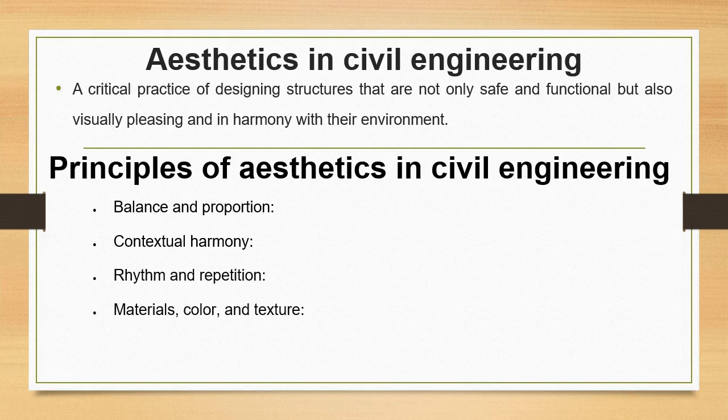And the fourth one is materials, color, and texture. That means the choice of materials, like steel, concrete, or stone, along with their color and surface texture, can significantly influence the visual appeal and the character of a structure.